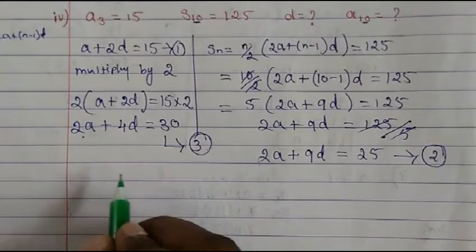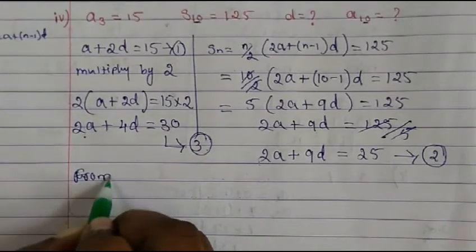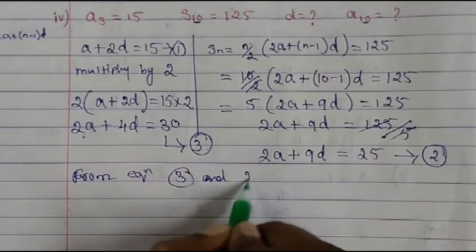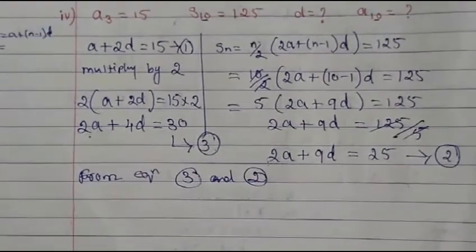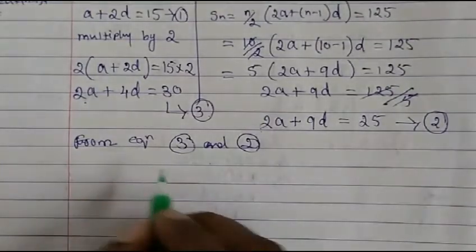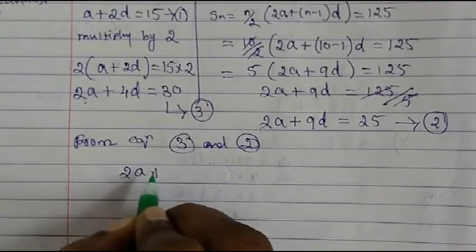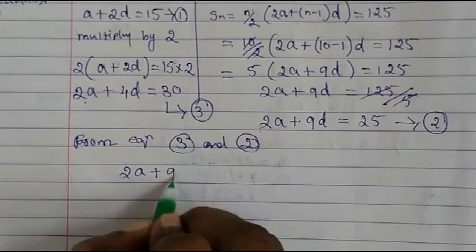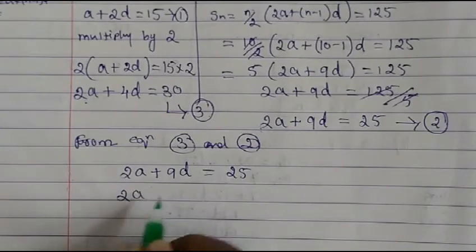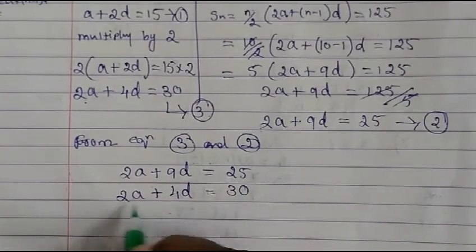So if we use the elimination method, from equations 2 and 3 we will have 2a plus 9d equal to 25, then 2a plus 4d equal to 30.